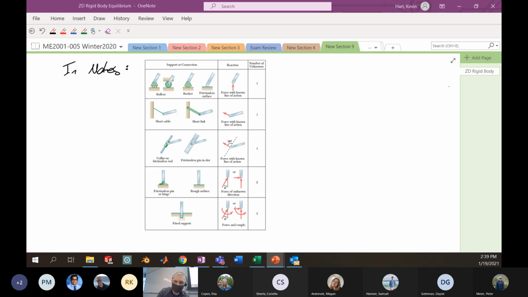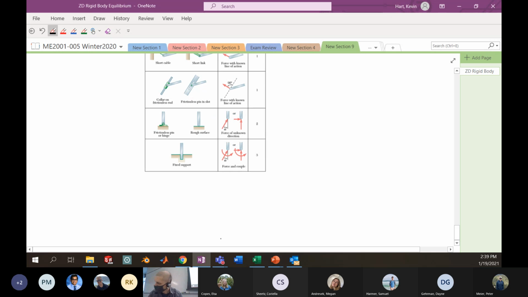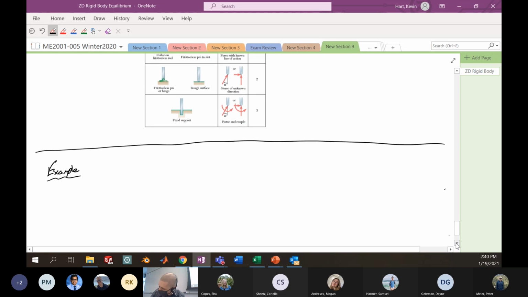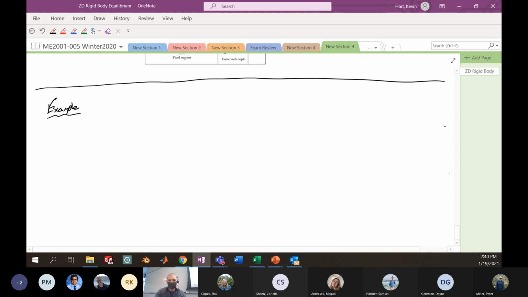All right, now let's finally go through an example using some of these ideas. Okay, I'll just see if I can bring all this in here at once.